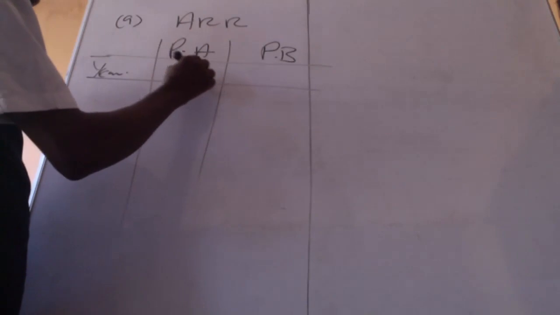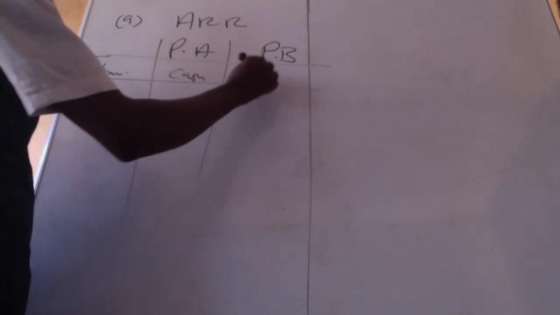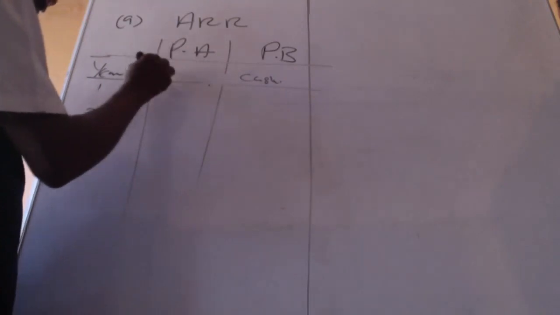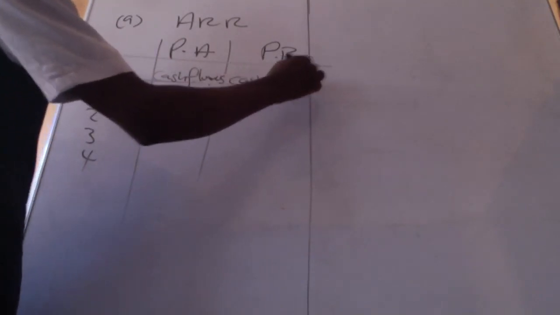So year 1, 2, 3, 4. So cash flow. But for accounting rate of return, you know that we don't use cash flow. We use the profit. So let's write it and start the workings.